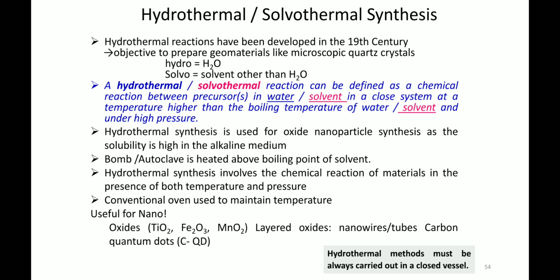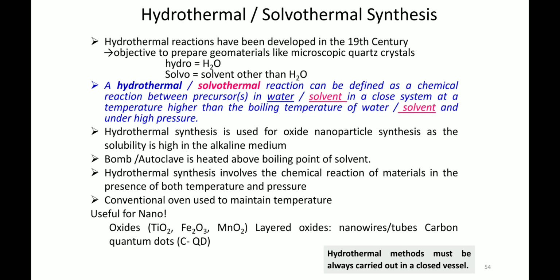The objective was to prepare geomaterials like microscopic quartz crystals. Initially, scientists were interested in the synthesis of quartz crystals in the form of a single crystal.